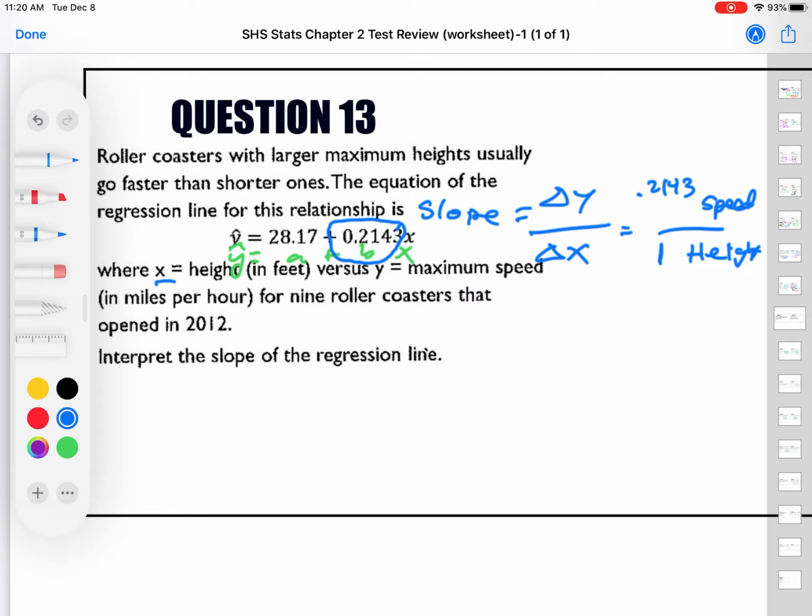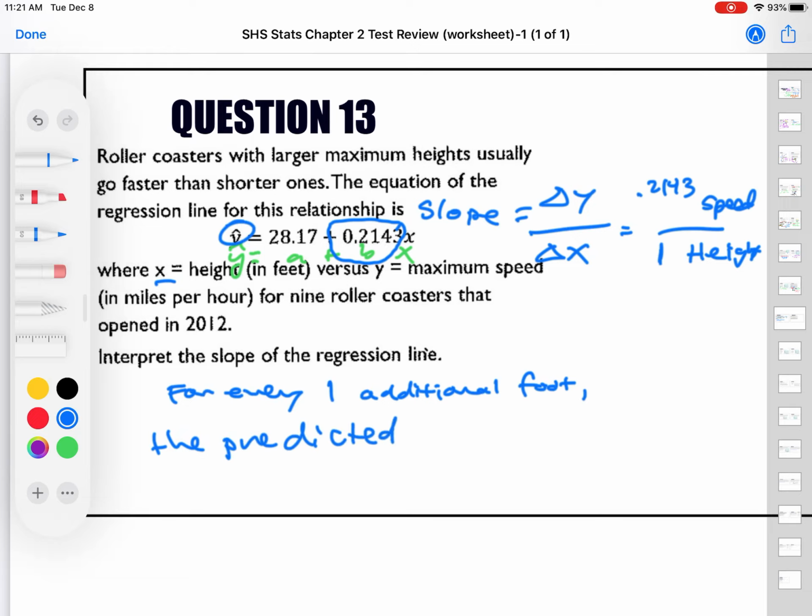So slope here is for every 1 additional foot, which is essentially your height, then remember this is the predicted speed increases.